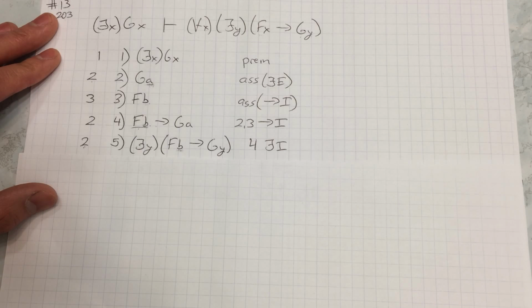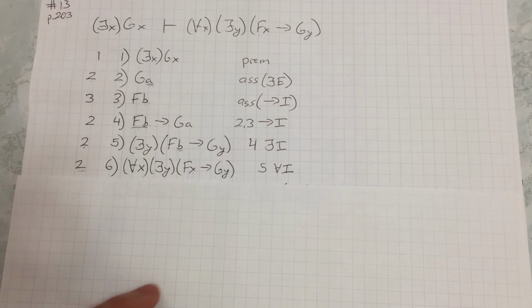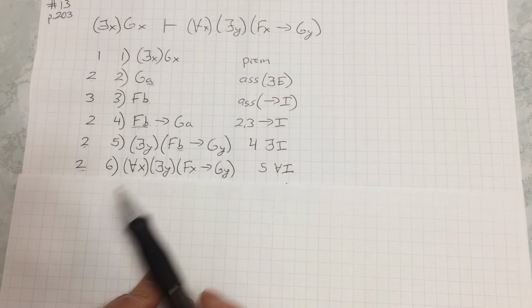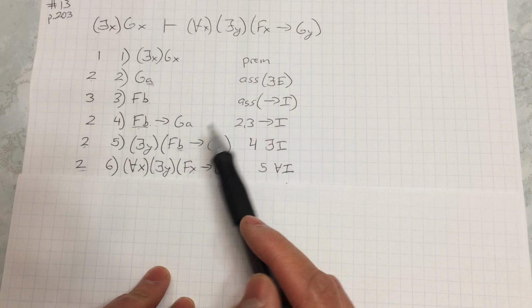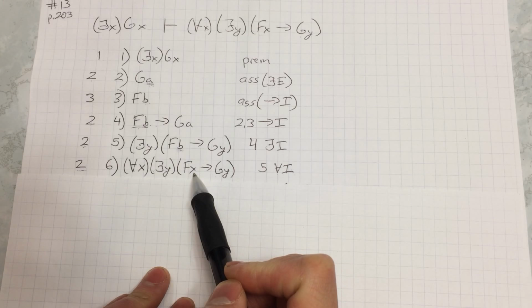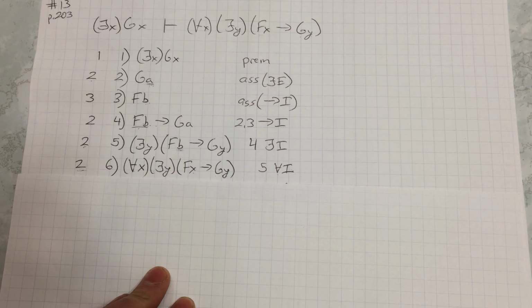Okay, so after that, like I said, we're going to use universal introduction on line 5 so that we get the universal sentence. Now, we do the universal introduction from B here, we change into an X, right, and place the universal quantifier.